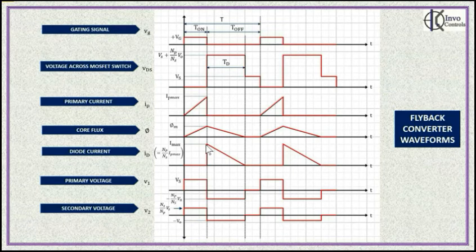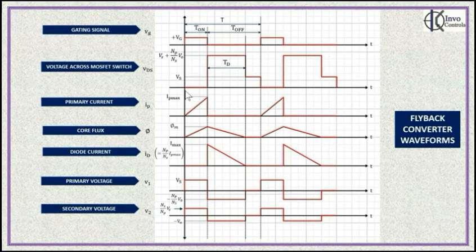Then you will look at the secondary voltage. Because the diode is on, the output voltage will appear across the secondary. We shall see this in the subsequent discussion. And this voltage will appear across the primary after multiplication by the term Np by Ns.